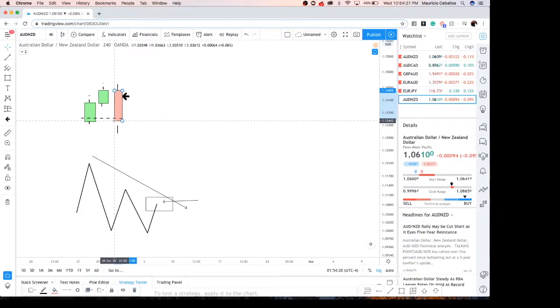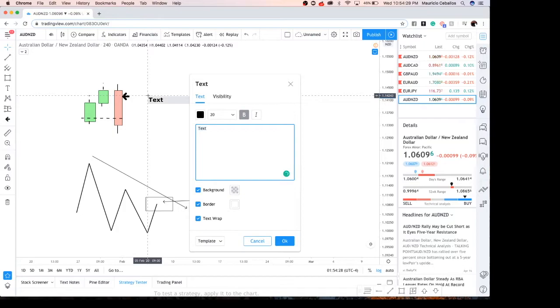Many people would think this is a bearish engulfing candle. This is not a bearish engulfing candle. A bearish engulfing candle is this right here. So I'm going to go ahead and type this out and show you guys what a bearish engulfing candle is conformed by.